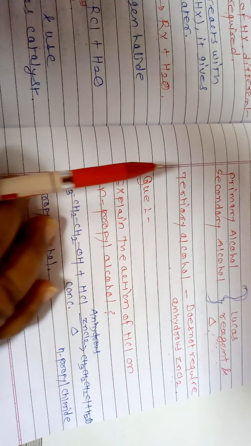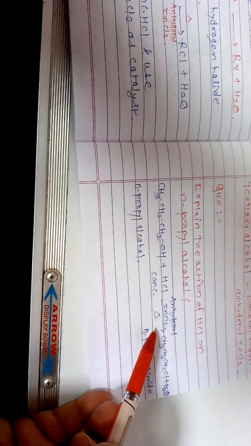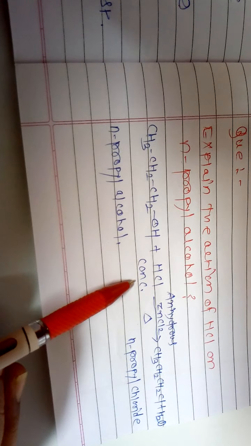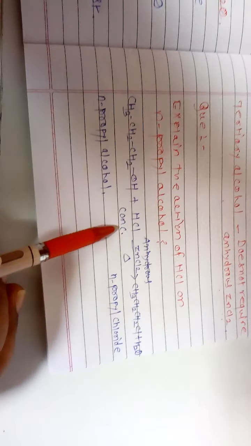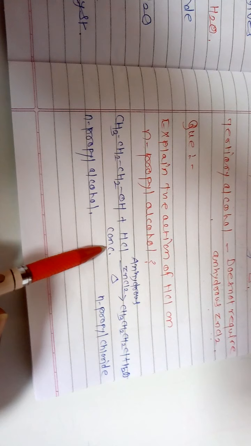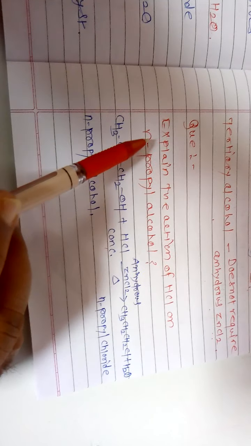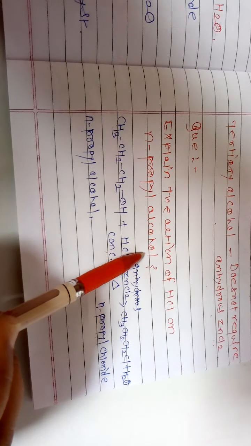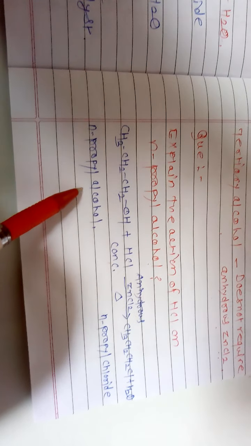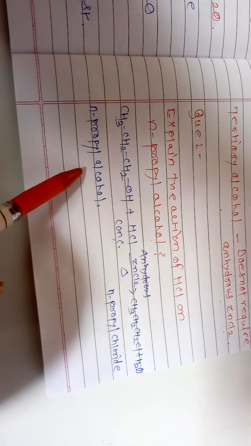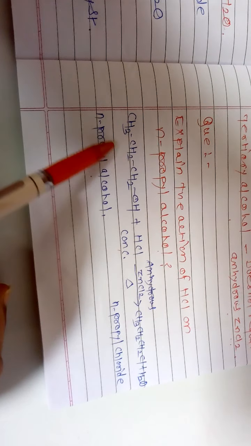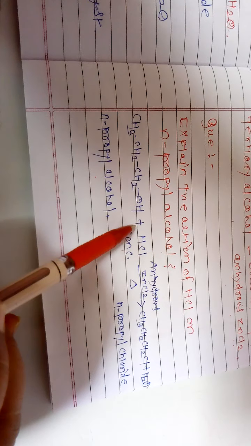So let's take primary, secondary and tertiary alcohol and hydrogen halide as HCl and discuss the examples one by one. Here is the question: explain the action of HCl on n-propyl alcohol. n-Propyl alcohol is a primary alcohol. So let's take n-propyl alcohol, CH3CH2CH2OH plus HCl.